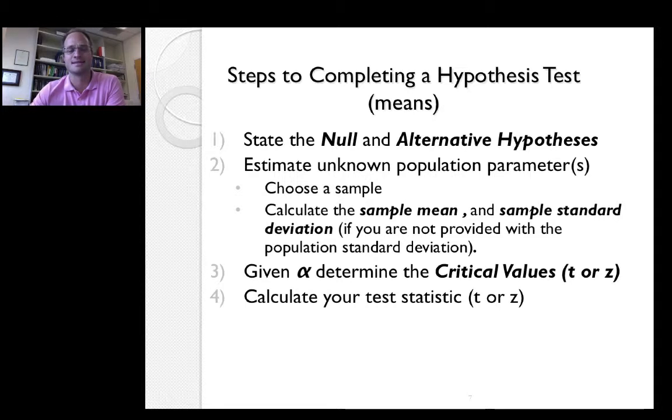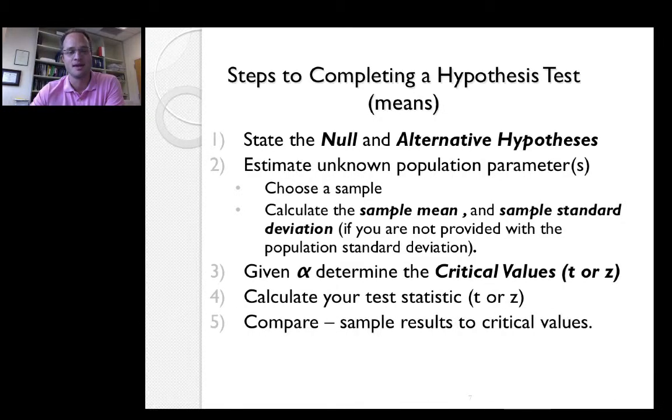The test statistic is going to tell us how many standard errors, the standard deviation of the sampling distribution, X bar is from the hypothesized value. We're going to compare the test statistic to the critical value, and then we're going to write out our conclusion.